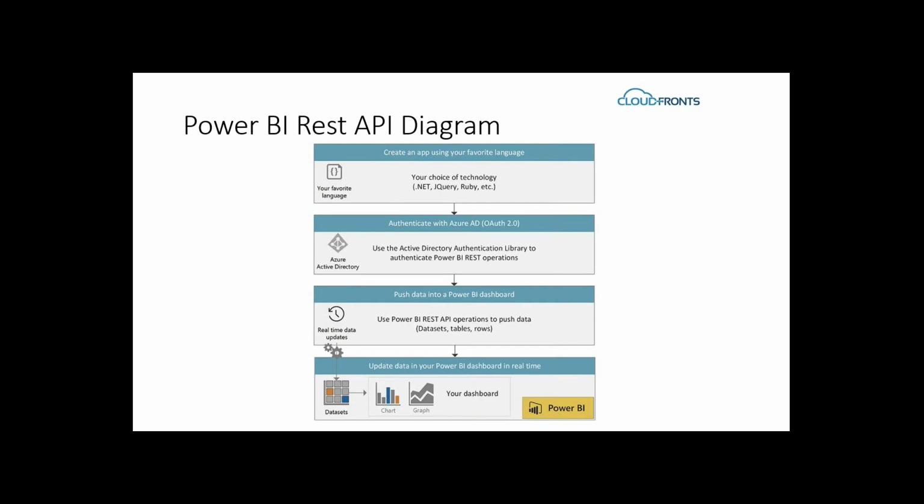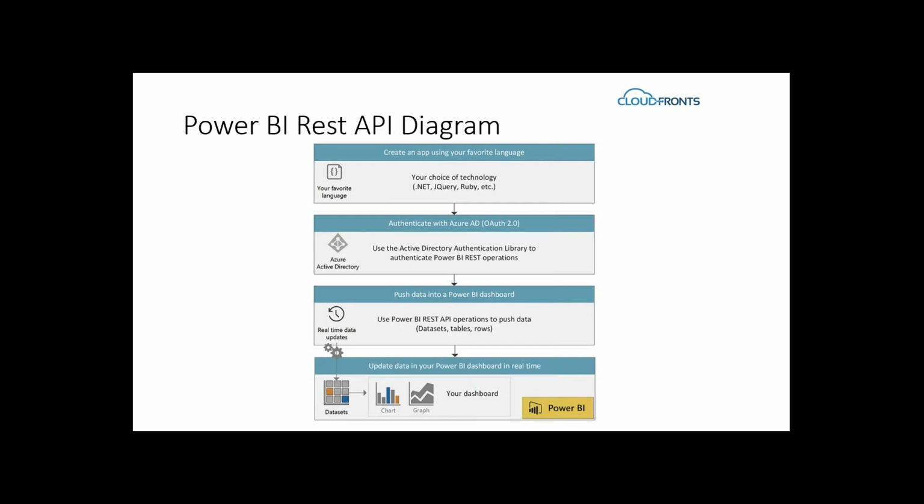The first step to using the API is that our application has to authenticate through the Azure Active Directory. The reason is that in order to consume the resources of the Power BI REST API, we need to authenticate ourselves with the Active Directory and acquire a token from Azure Active Directory, and then that token has to be passed with every HTTP request we make to the REST API.